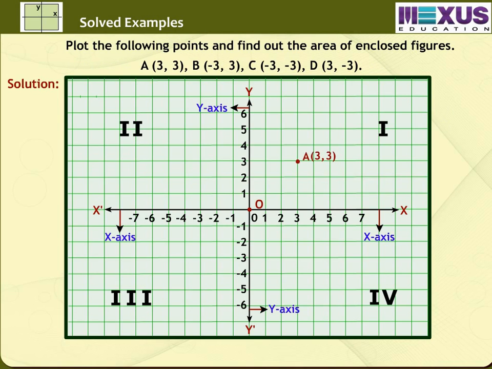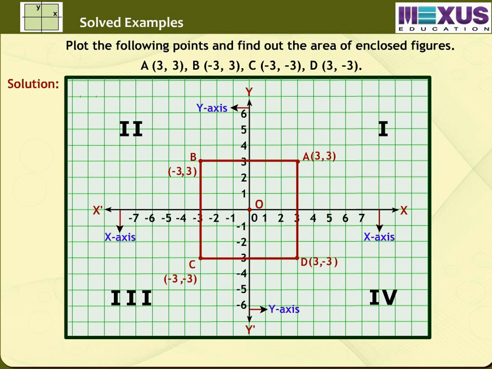Plot the points A (3, 3), B (-3, 3), C (-3, -3), D (3, -3). Join the points A and B, B and C, C and D, and D and A.